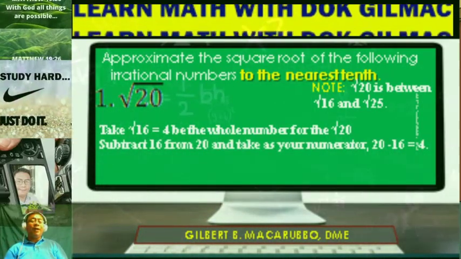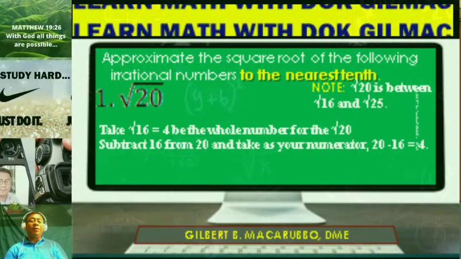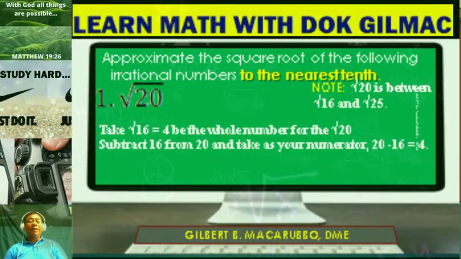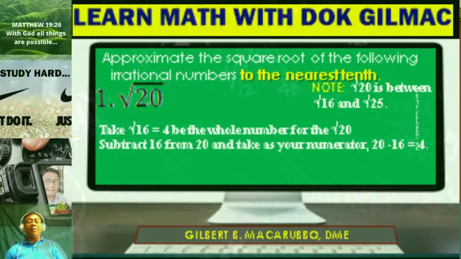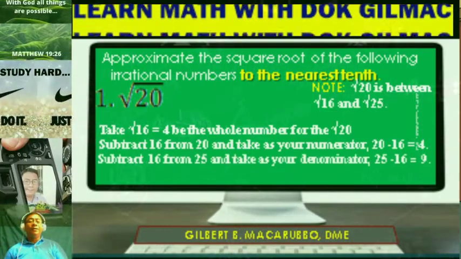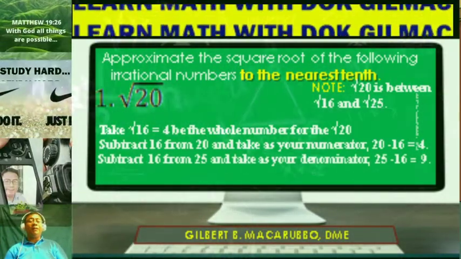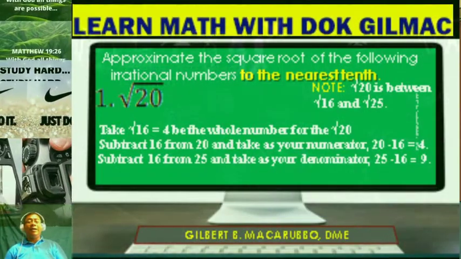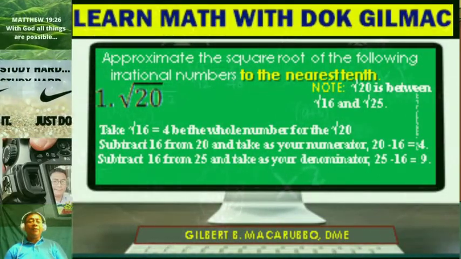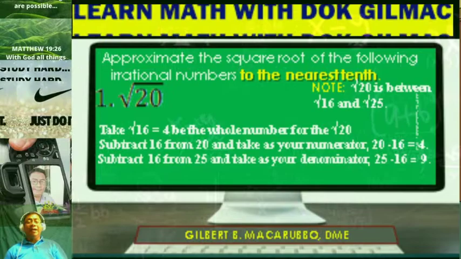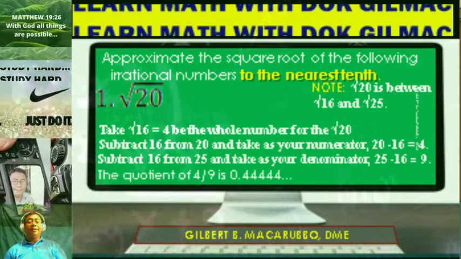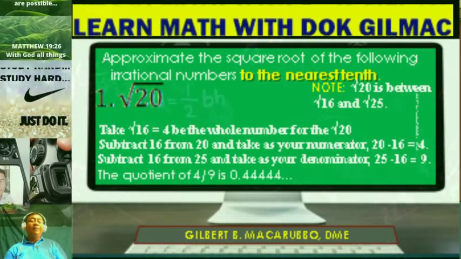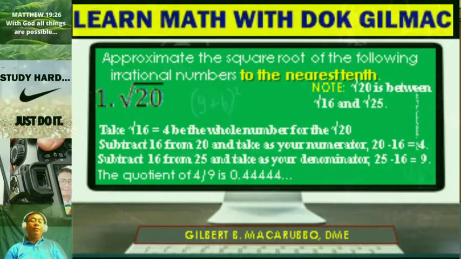Subtract 16 from 20 and take as your numerator. 20 minus 16 is equal to 4. Subtract 16 from 25 and take as your denominator. 25 minus 16 is equal to 9. Divide 4 by 9.